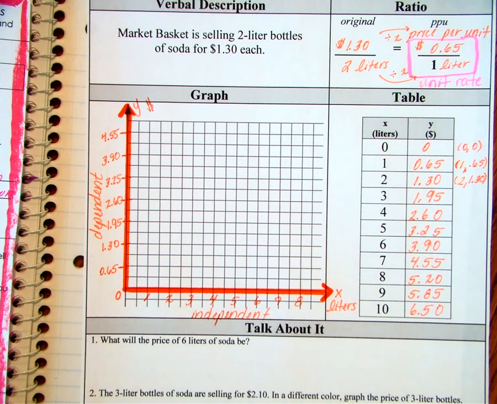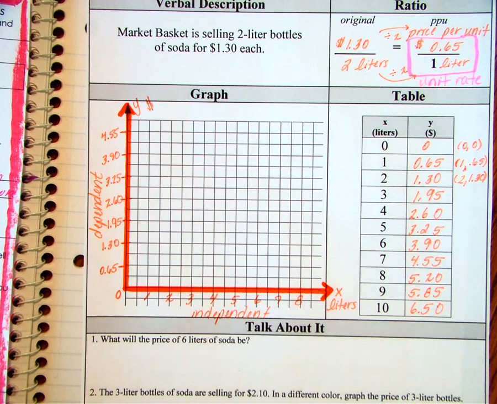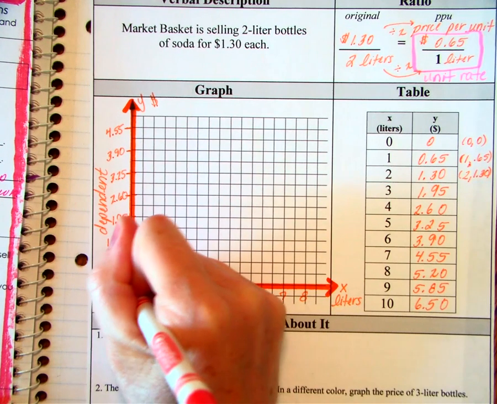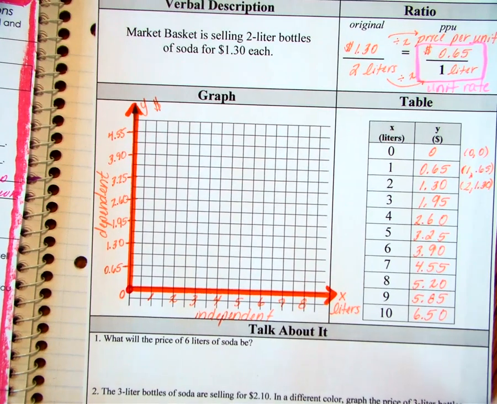So, going in with a different color to plot my points. Going in with red. Here we go. So, if I have no liters, I spent no money. No money, honey.